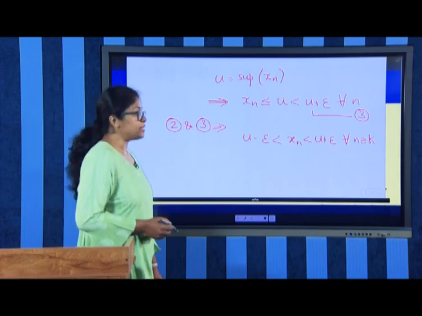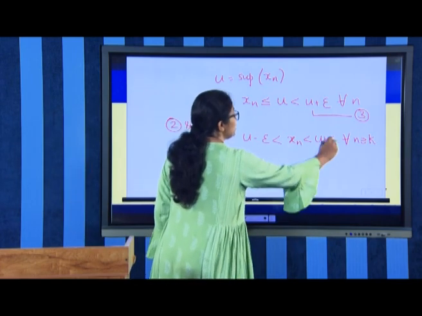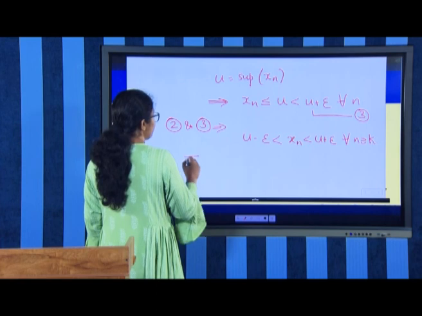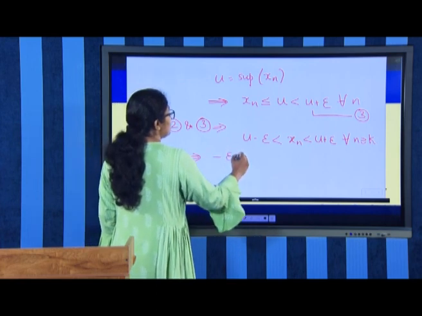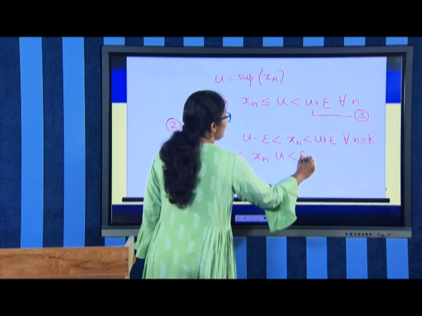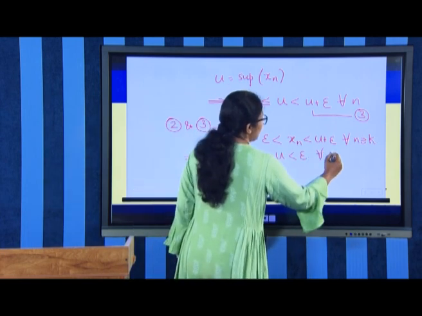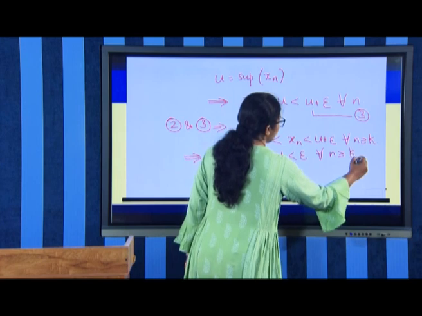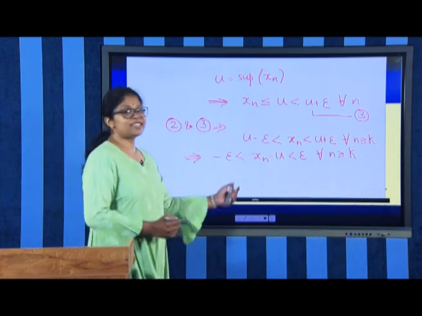Or in other words, subtracting U from each of the terms, negative epsilon is less than xn minus U is less than epsilon for every n greater than or equal to k. And what does this indicate?